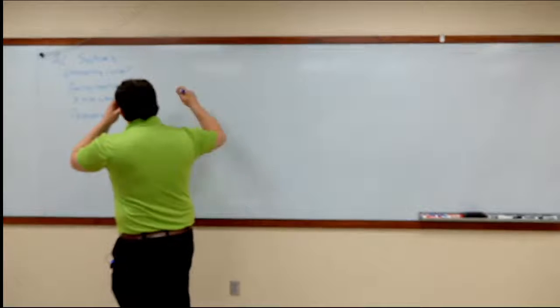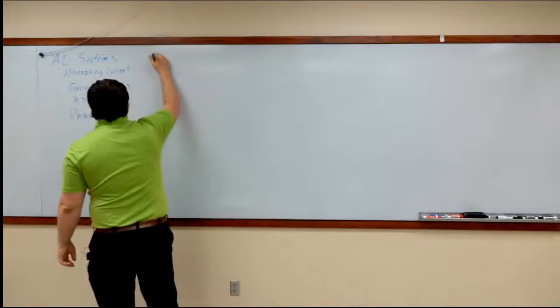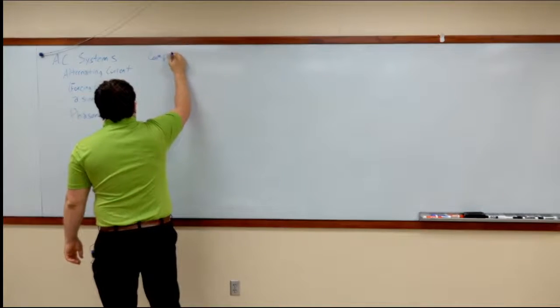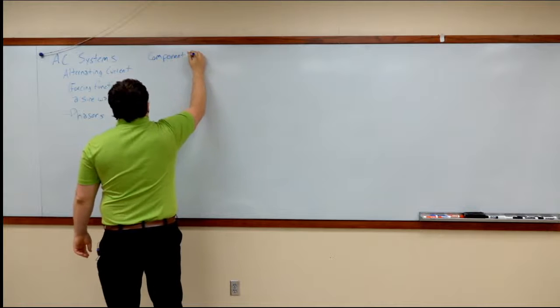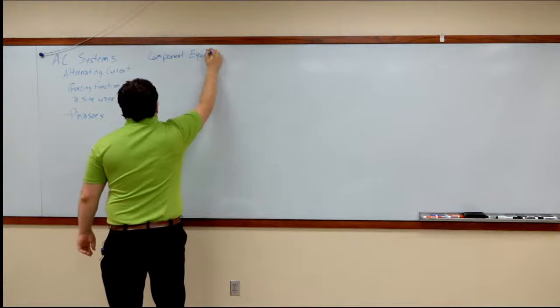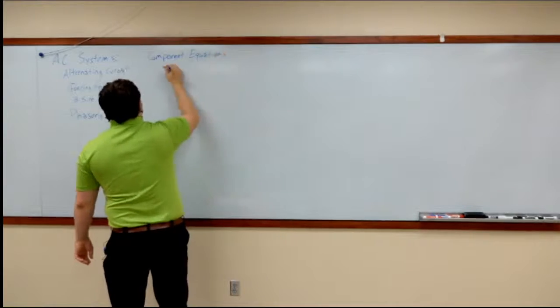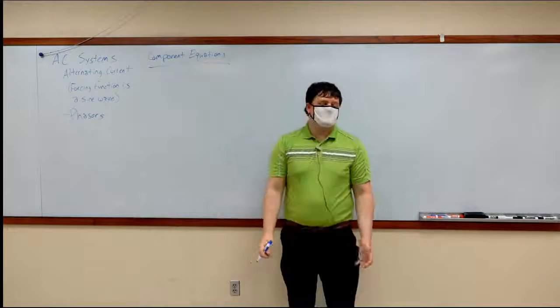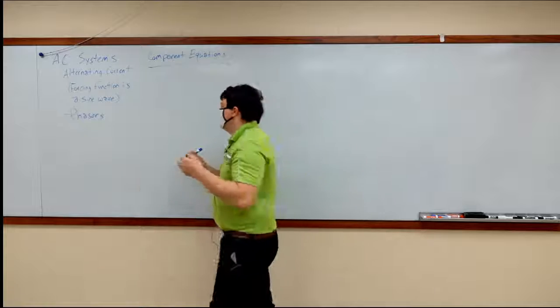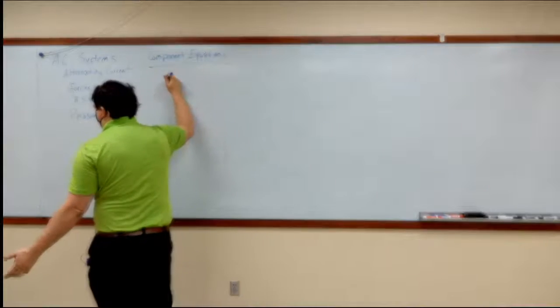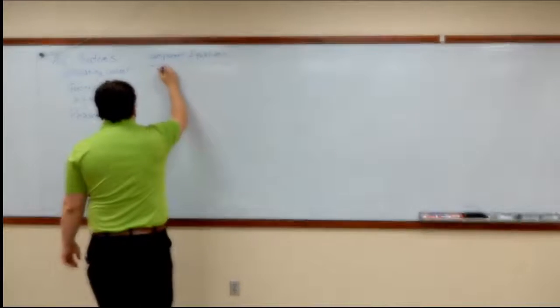As of right now, let's talk about our component equations for a little bit. Okay? With our component equations, you've got three of them because we have three components we've been focusing on.